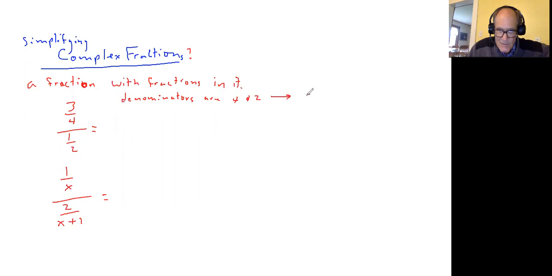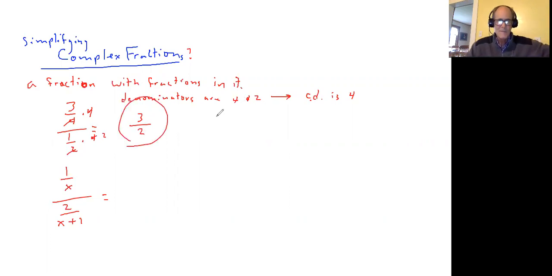So that means that my common denominator is 4. So I'll simply multiply 3/4 times 4, and I'll multiply 1/2 times 4, simplify, and I end up with 3 over 2. I'll end up with my answer right away, 3/2. Pretty slick way to do it, isn't it?